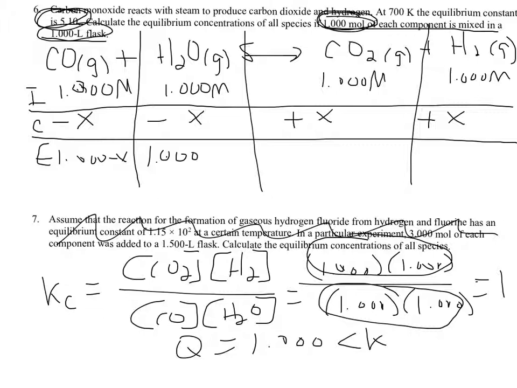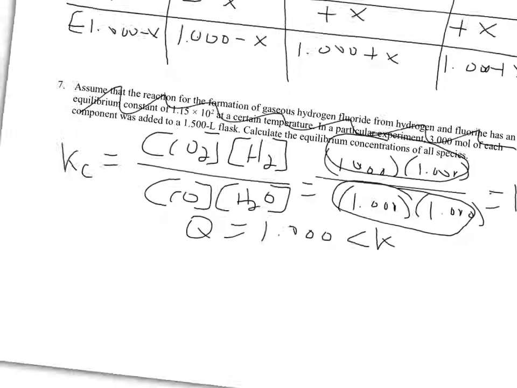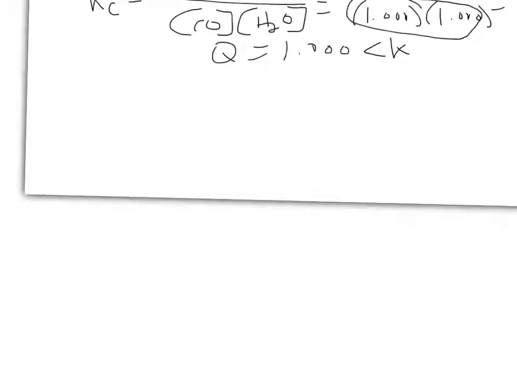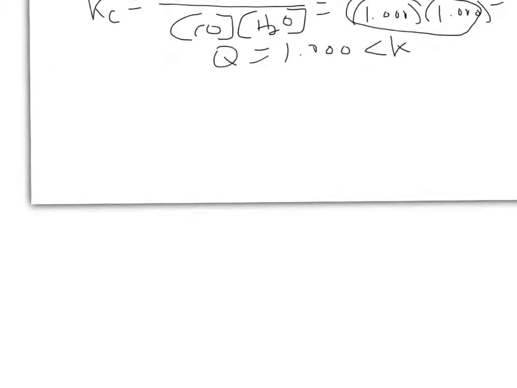Okay, and so if I scroll down to some blank page here, what that means is that we've got 5.10 as the equilibrium constant, and for our product concentrations we've got 1.000 plus X, and that was the same for both of them, so I'm just going to write squared on there.